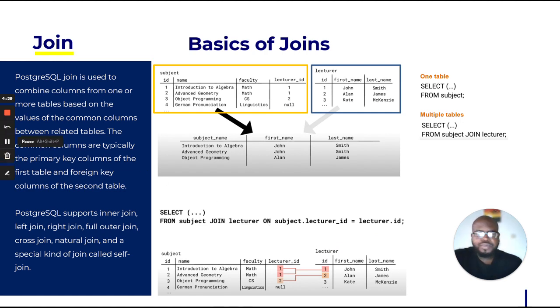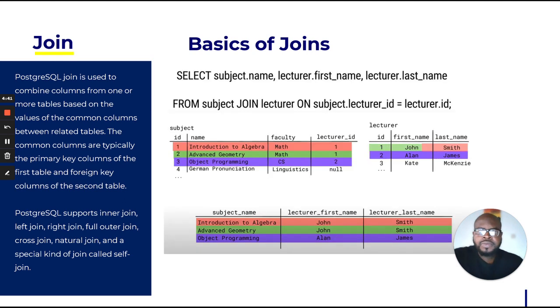So as an example, if I say select subject dot name, now this is something you should note. I want the name from the subject table, so it has to be table name dot column name. So I'm selecting subject dot name, lecturer dot first name. That's first name from the lecturer table.